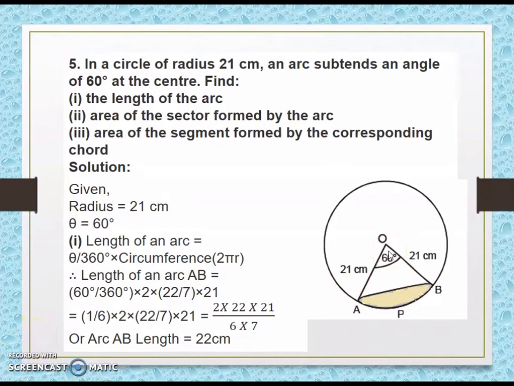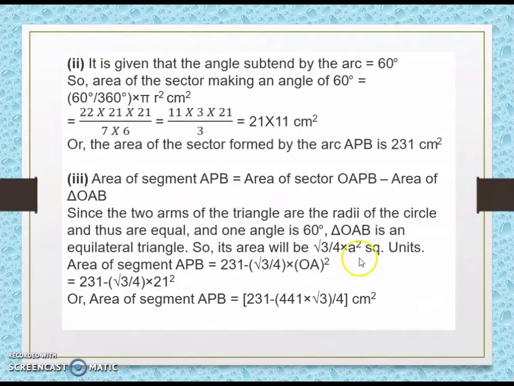So using that, area of equilateral triangle, you already know it is root 3 by 4 a square. Now a is nothing but the side, that is radius, that is only the side of the triangle. So root 3 by 4 into 21 square, this will give you the area of triangle AOB. So 231 is area of the sector, and when you subtract the area of the triangle from it, you will get the answer.